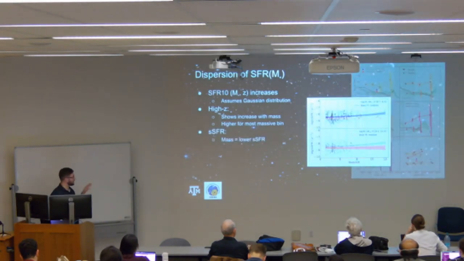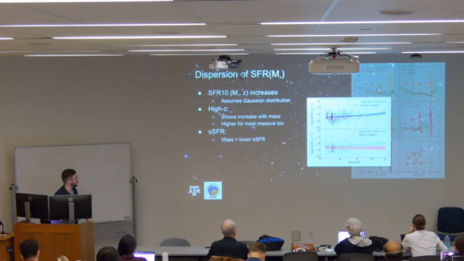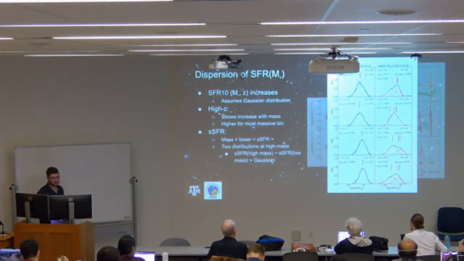But when we look at the distribution in specific star formation rate, we can see this clear separation between galaxies with low mass, which is the top panel, the darker blue line, and galaxies with higher mass, which is the bottom panel with the darker red line. I've just included both, so it's easier to see by eye. What this tells us is that the distribution of these galaxies might be very different in specific star formation rate space.